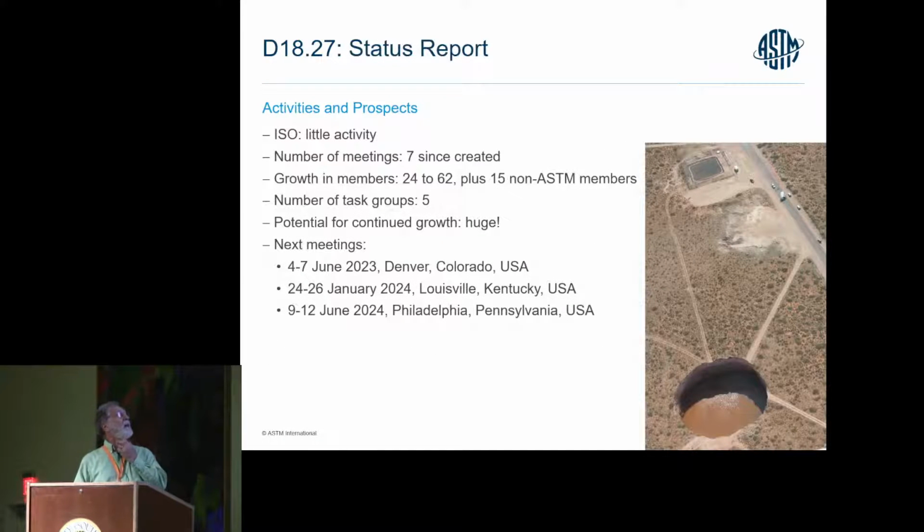So, status report. What's happening with ISO is not much. There was a meeting just before the pandemic in China, and it was mostly an organizational meeting. To the best of my knowledge, they've only had one virtual meeting since then.